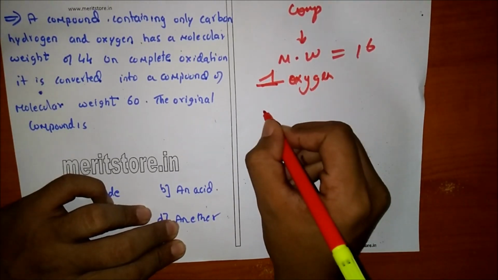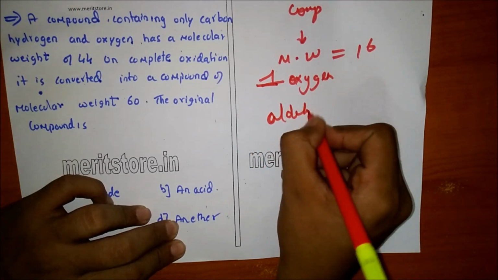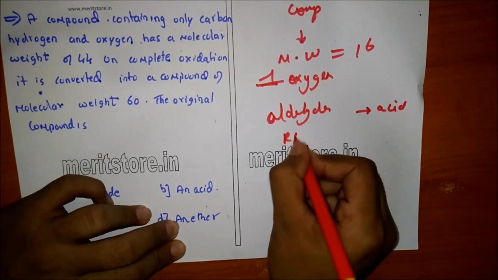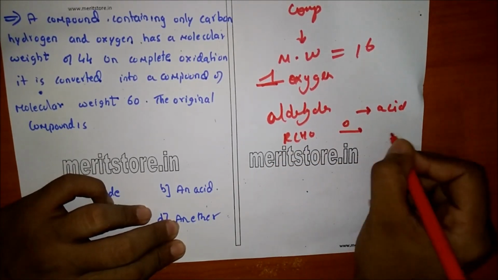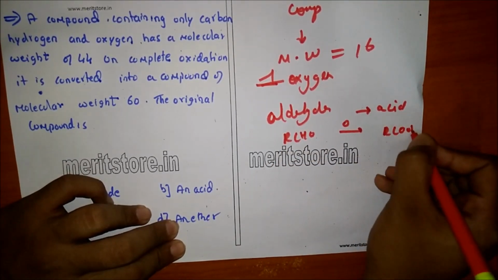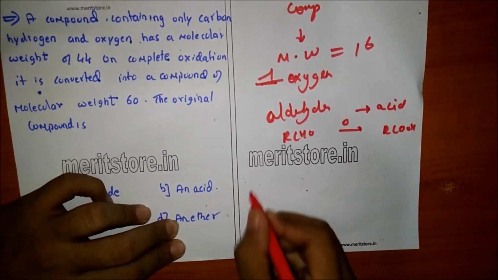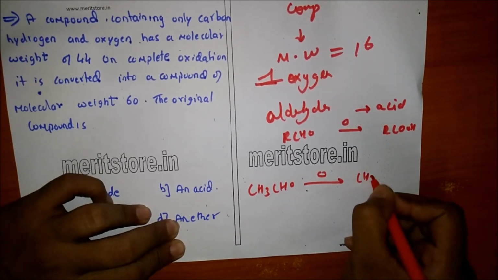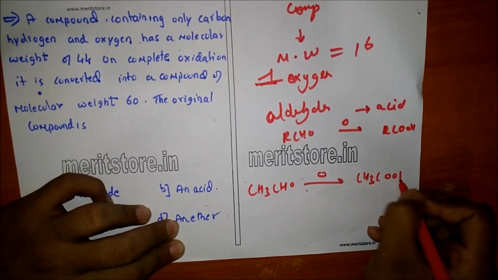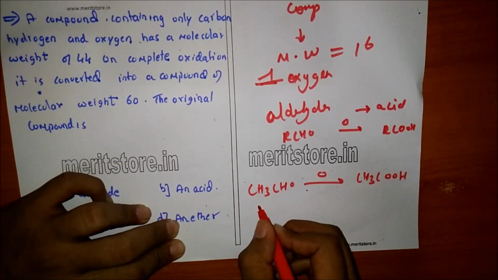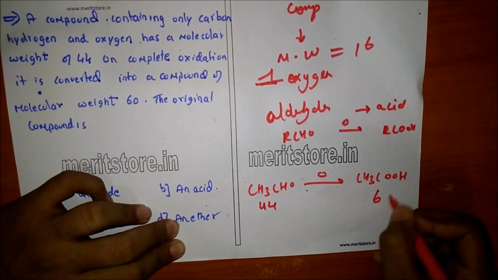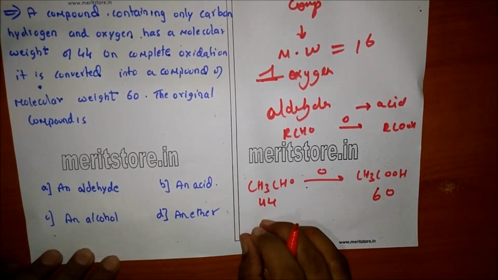This condition is fulfilled only by an aldehyde, which on oxidation gives an acid. Hence, the original compound must be CH3CHO, which on oxidation gives CH3COOH, because acetaldehyde has a molecular weight of 44 and the resulting product has a molecular weight of 60. Therefore, the correct answer here is option A.